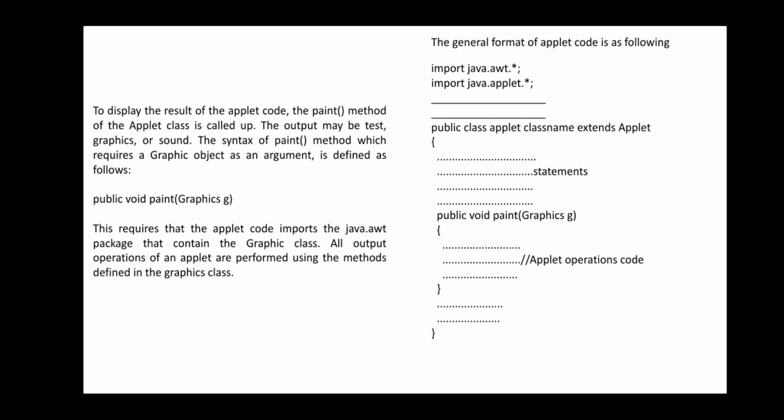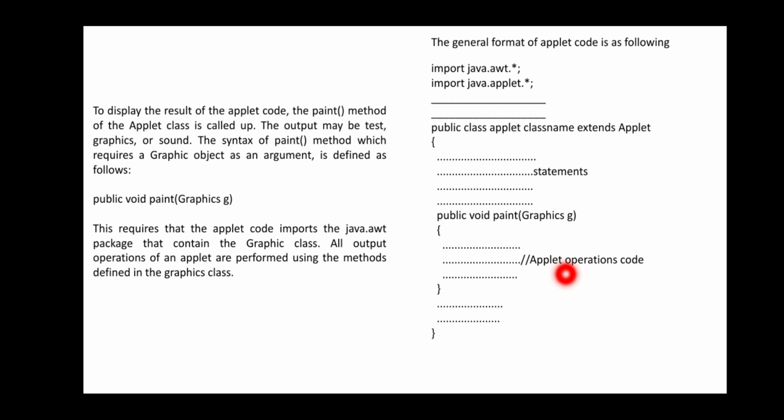Okay. And you have been seeing the general format of that particular statement also. You can see here: public class, class name extends Applet. Whatever information or declarations you are going to make, you can do within this part, where you write the statements. And this particular part is used to display the information on the applet window. Okay, that is paint.